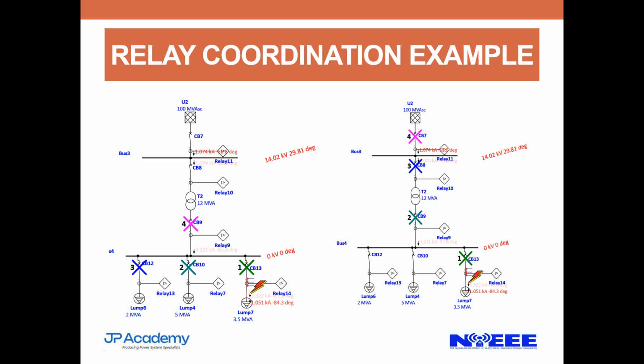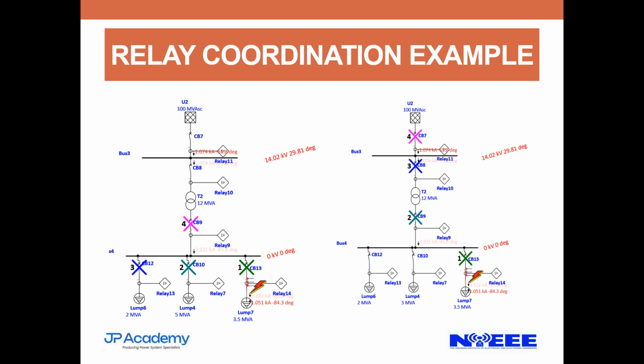So I also think that none of them is okay, especially if we are considering selectivity, because once the breaker CB9 operates, it simply means it's shutting down everything, the three feeders. So it's not reflecting the selectivity principle.